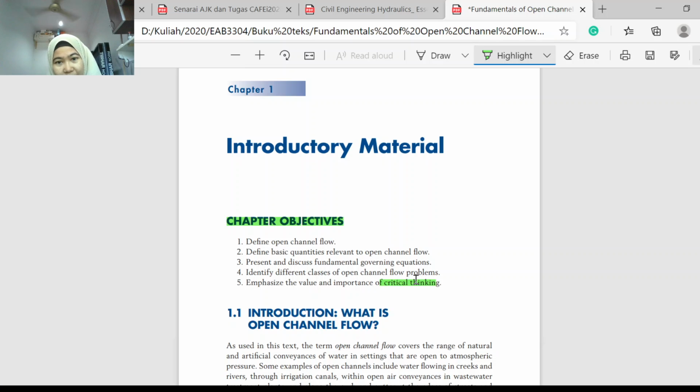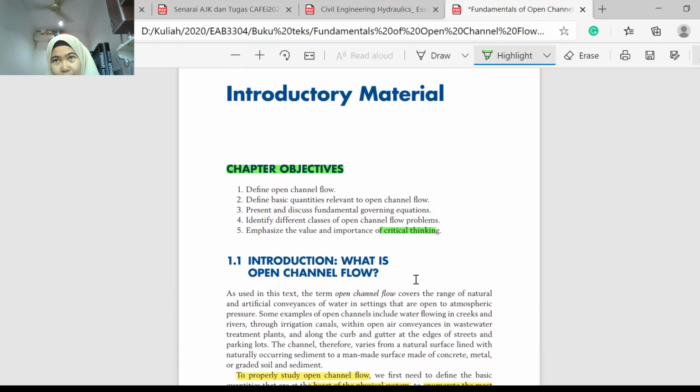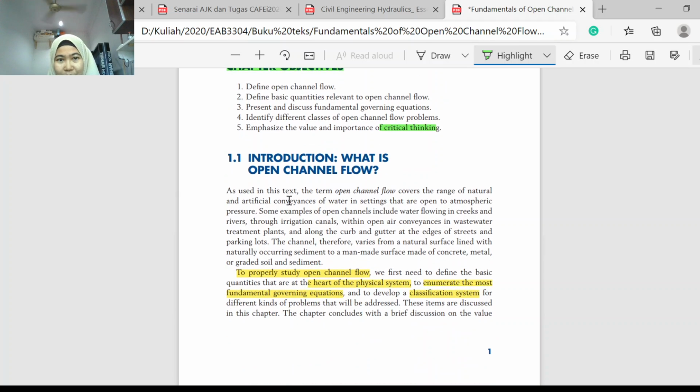Okay, for the introduction, what is open channel flow? Let's read together. As used in this text, the term open channel flow covers the range of natural and artificial conveyances of water in settings that are open to atmospheric pressure. Some examples of open channels include water flowing in creeks and rivers, through irrigation canals, within open air conveyances, in wastewater treatment plants, and along the curb and gutter edges of streets and parking lots.